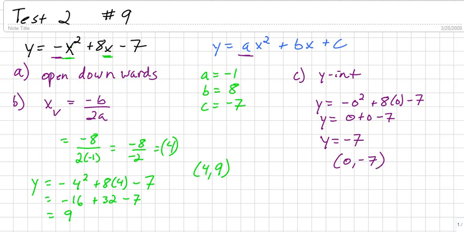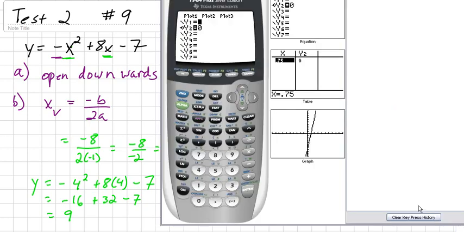To find the x-intercepts, it's a little tougher. We're going to use a calculator on this one, and we'll show you how to do it. To graph the parabola, I'm going to graph negative x squared plus 8x minus 7.